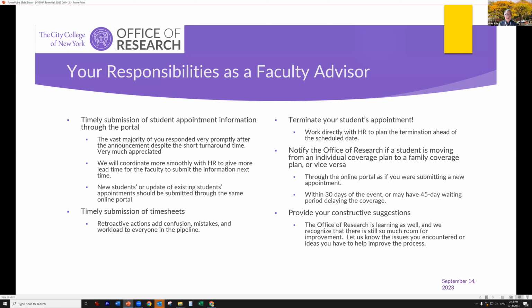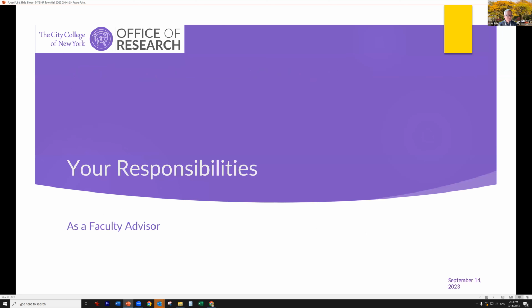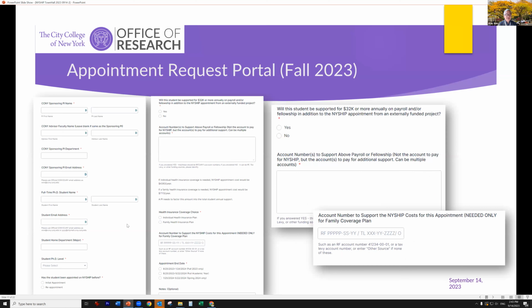And if the student got married or has the need to move from an individual coverage plan to a family coverage plan, or vice versa, when they have a coverage plan change, I would like to ask you to submit through the same portal, just as if you are appointing them, but just specify the family insurance plan.